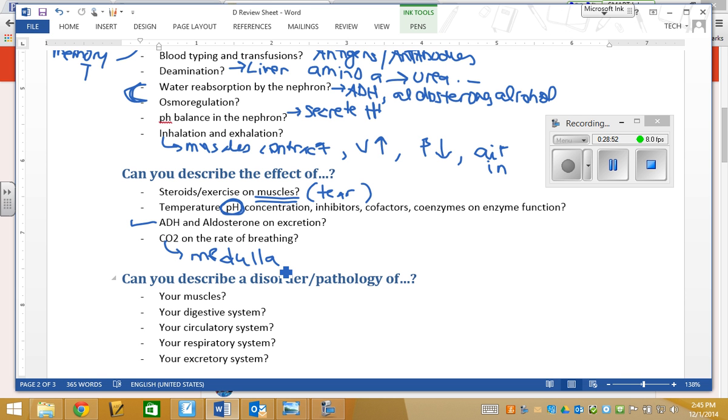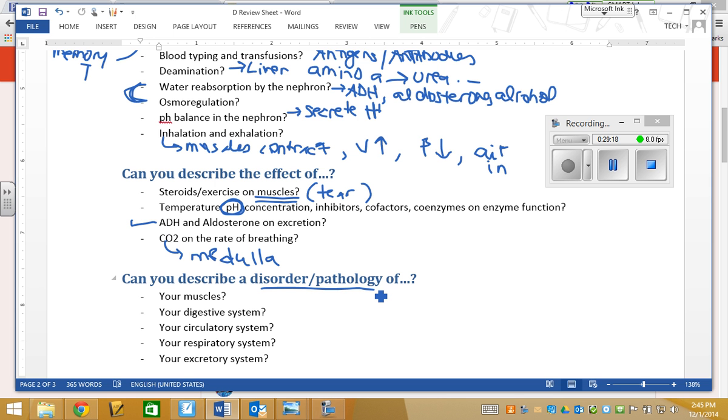Now the last section is just asking about a disorder or a pathology. And you'll notice I didn't put specific conditions here, because usually if I'm going to ask about a disorder, I describe it so that your knowledge is about what the function of a part of your respiratory or digestive system is, not the fact that you've memorized this particular disease.